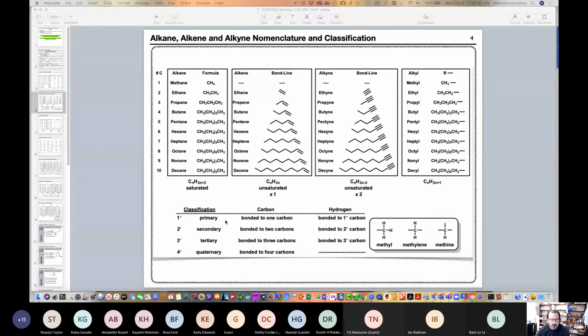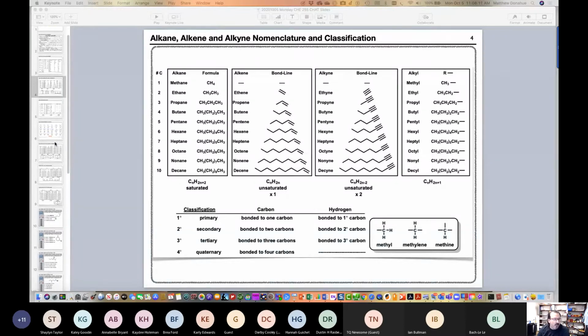A primary carbon is bonded to 1 carbon, so that's sort of like a methyl, right? Secondary, bonded to 2 carbons, so that's methylene. So this stands for carbon and hydrogen. So methine, tertiary, we see that here, and then quaternary has 4 carbon atoms.